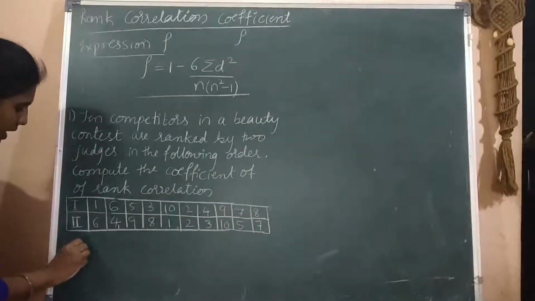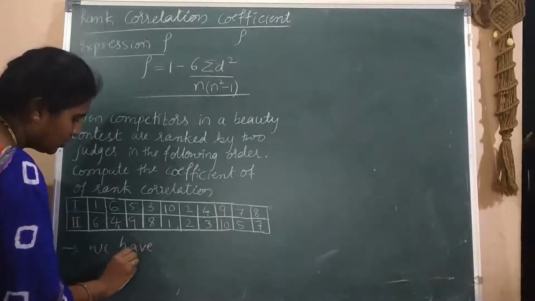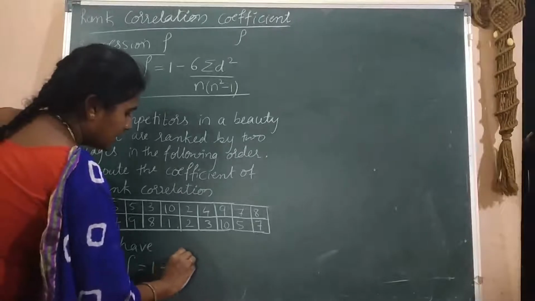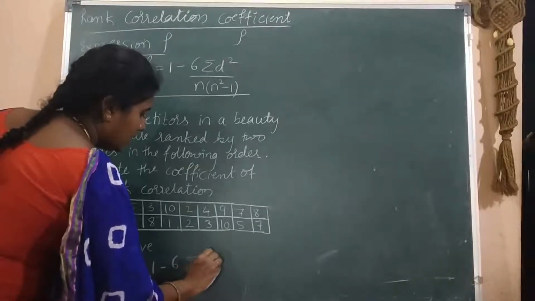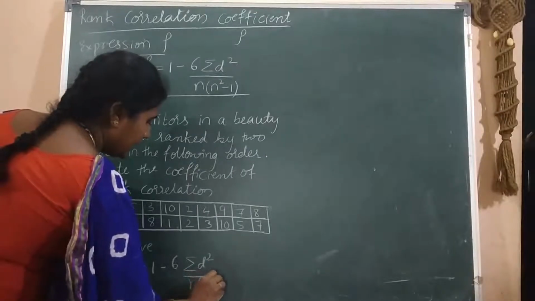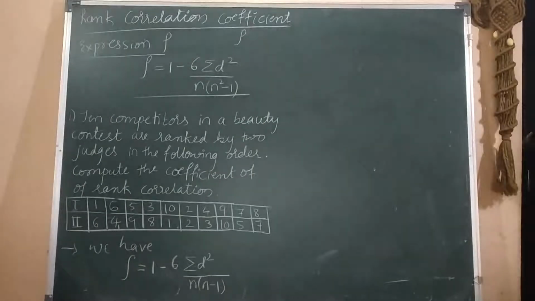We have rank correlation rho is equal to 1 minus 6 into summation d square upon n into bracket n square minus 1.